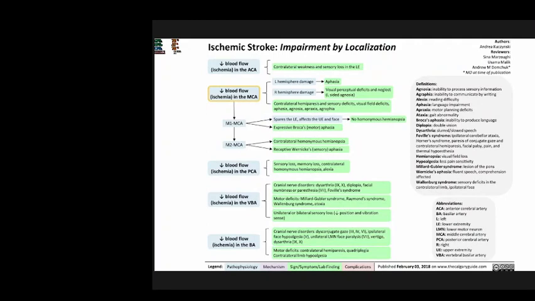Sige, impairment by localization. So, what do you call the area that is damaged, producing aphasia? Broca po. Broca for the, dito pala siya.